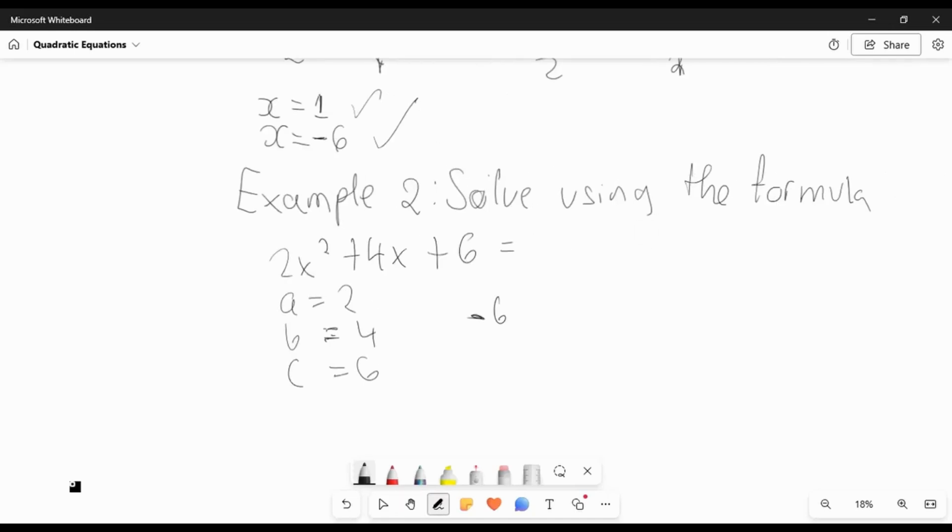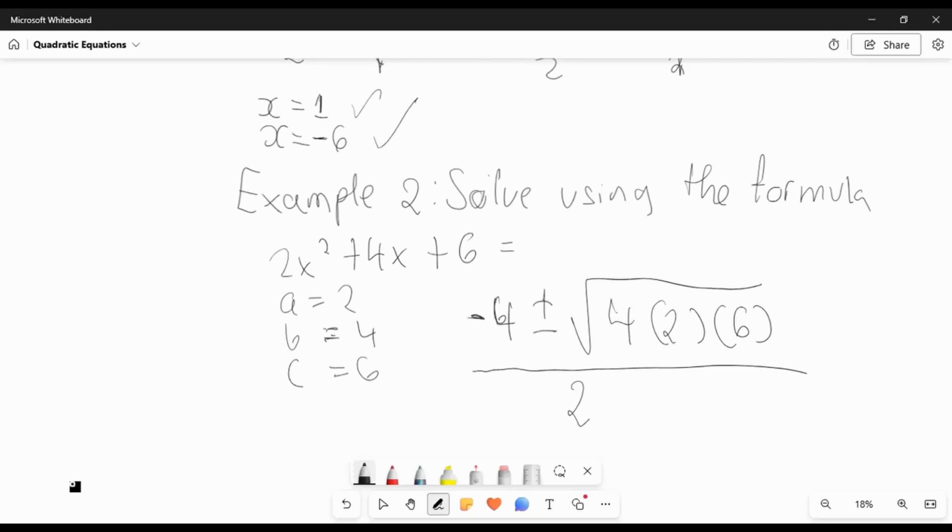So it's negative 4 plus minus the square root, composing it: 4 squared, A is 2, and C is 6, over 2 times 2, since A is 2.